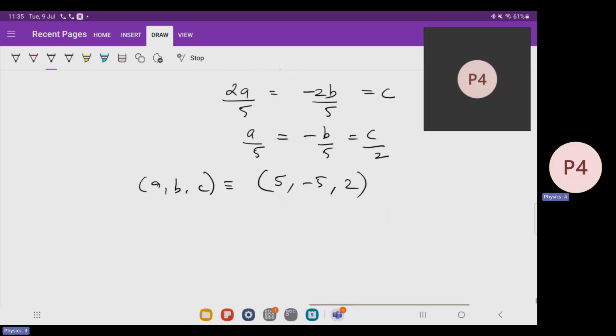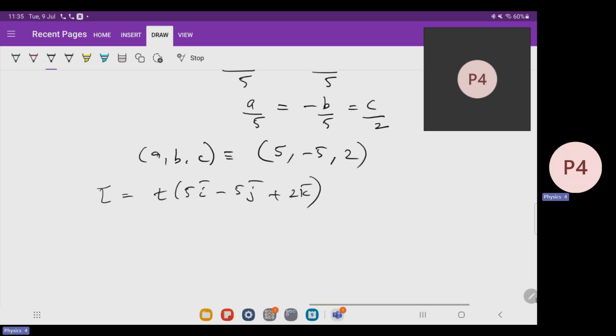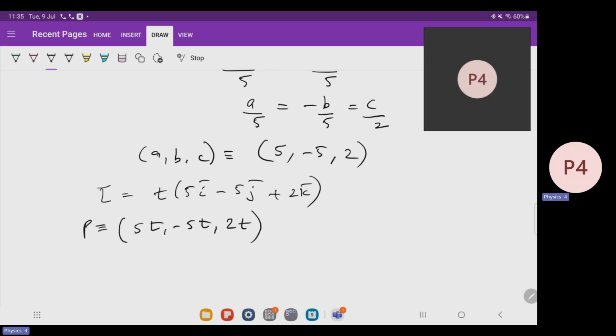So our L bar will become t times (5I bar minus 5J bar plus 2K bar). Now to find P, P will be of the form (5t, minus 5t, 2t).